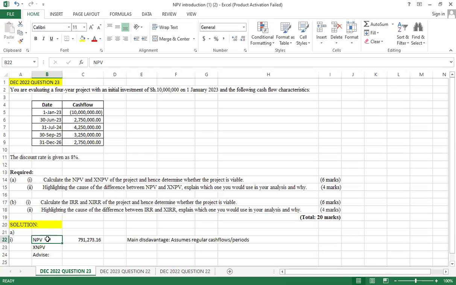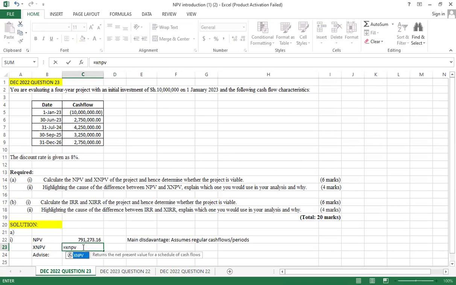How do we compute the XNPV? Again, we say equal to. These are formulas or functions, so you must start with an equal sign. Equal to XNPV.